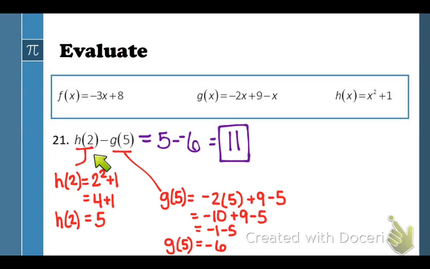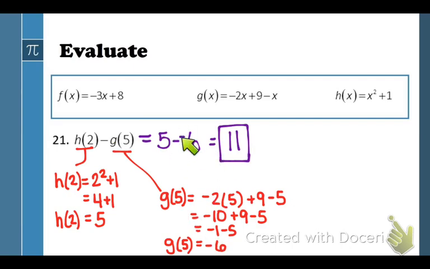All right, so we plug 2 in the h function. 2 squared plus 1, that's 4 plus 1, that's 5. So h evaluated when x is 2 is 5. Quiet. We put 5 in the g function and I work it out, I get negative 6. So 5 minus negative 6.